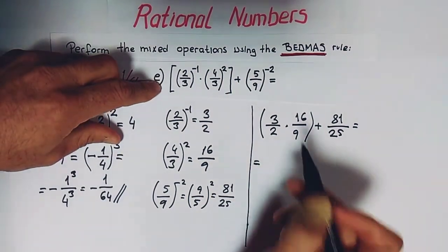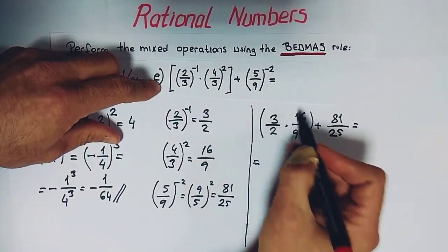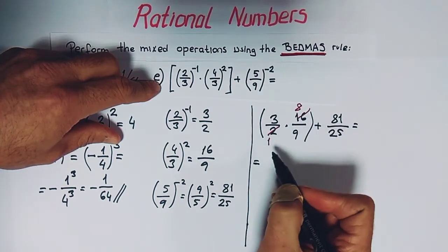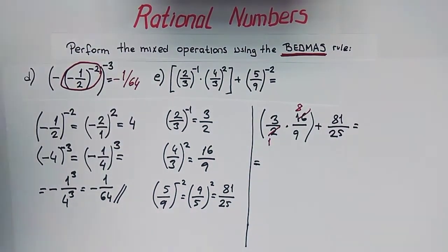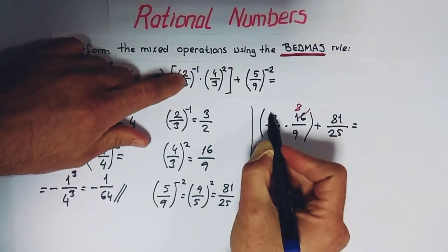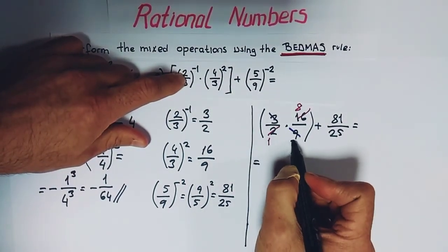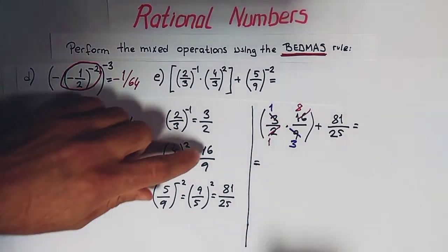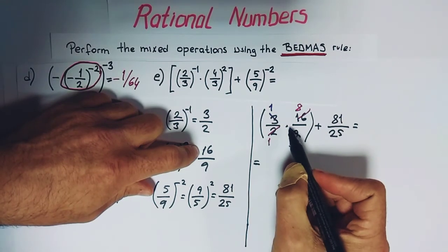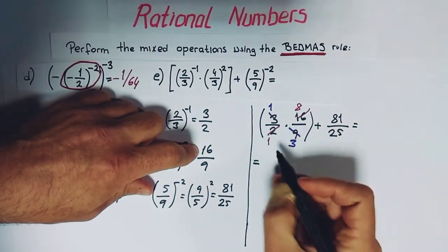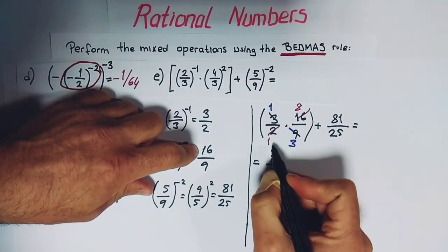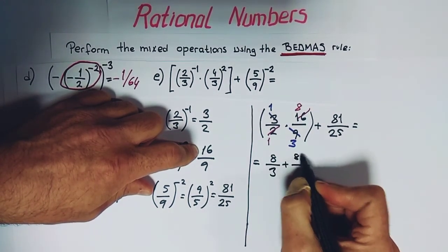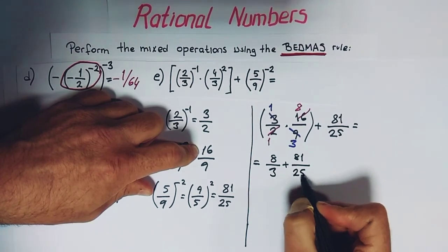Brackets and then multiplication. So we can simplify. Yes, 16 and 2. Here we have 8 and 1. We can simplify 3 and 9. Here we have 3. Here we have 1. The result of this product in the bracket is 1 times 8 is 8 over 1 times 3 is 3. We have plus 81 over 25.